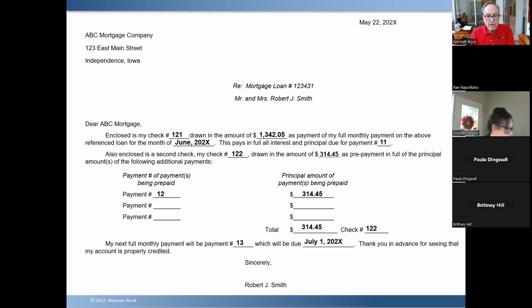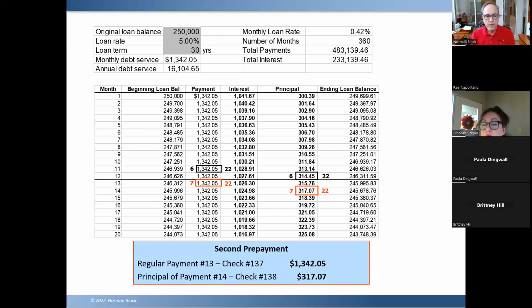So the old method is going to have a better record, but I realize most people don't do that. If you're not going to keep a written record of what you mail in and your canceled checks, at least print for yourself what you do online, which again, you can easily do by hitting print screen.